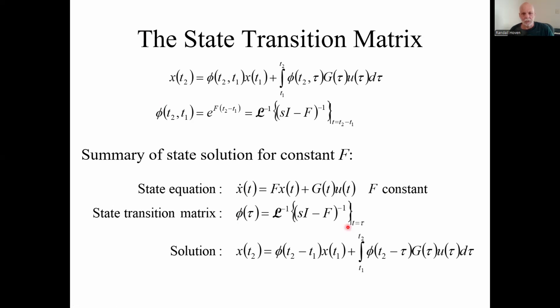Here's the state transition matrix, and here's the solution for the state at any time t2, if you know what it was at time t1, and the input over that time period, t1 to t2. This might not look fun to deal with yet, but we're getting somewhere.